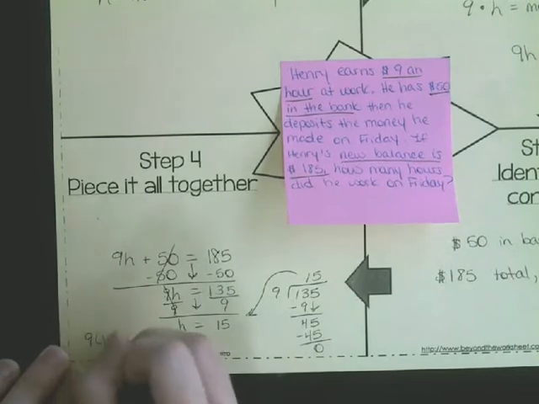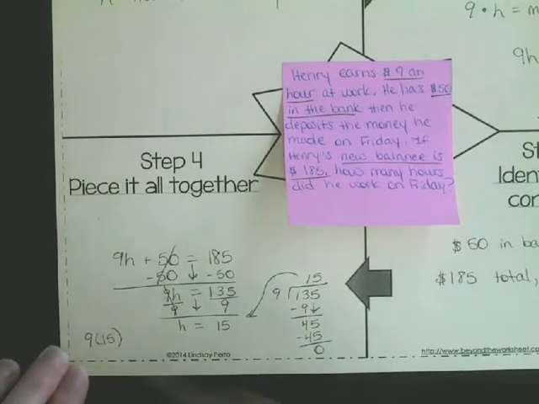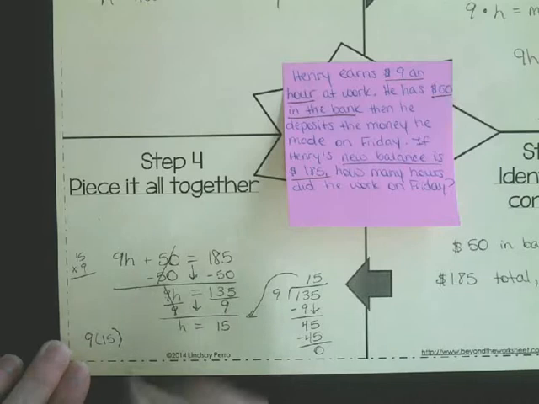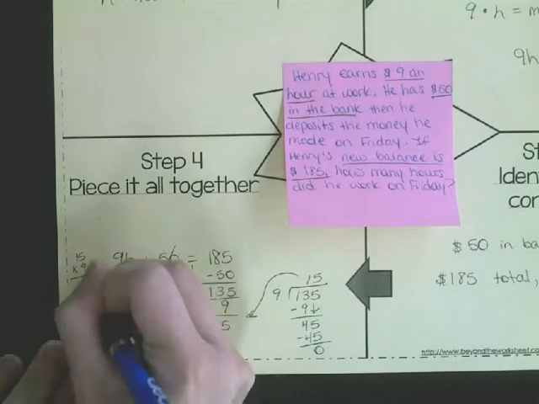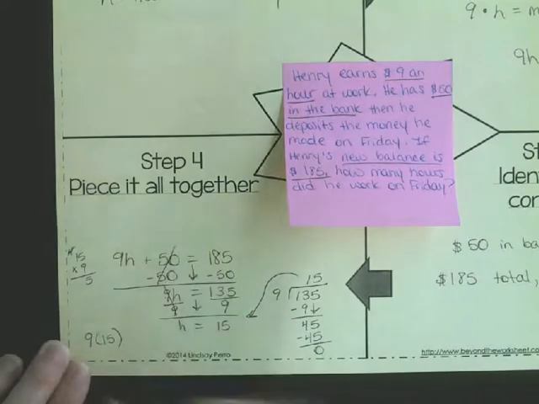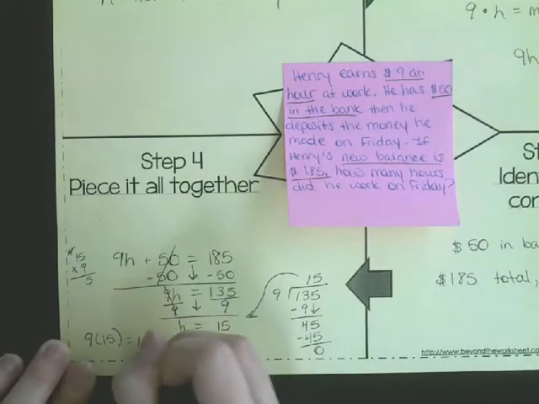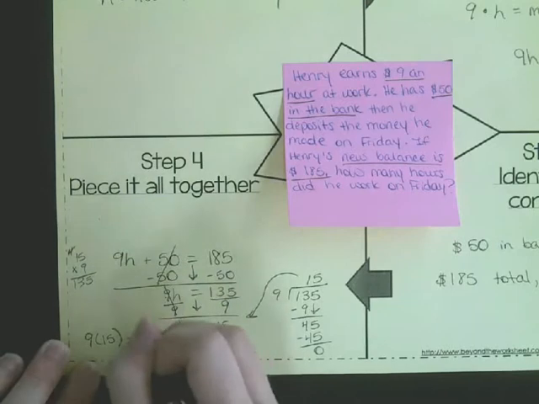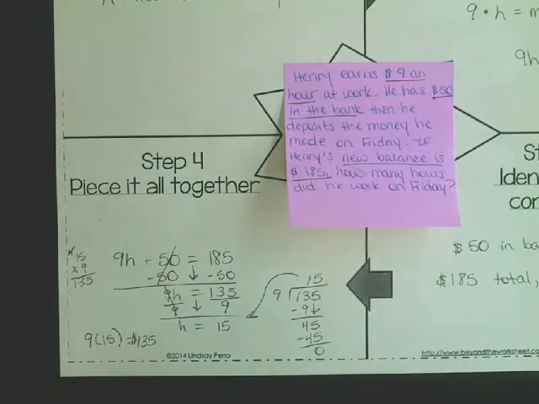So we're just going to multiply 9 times 15. I'm going to work that out right here. 5 times 9 is 45, carry my 4. 1 times 9 is 9, plus 4 is 13. So that means that he made $135 on Friday.